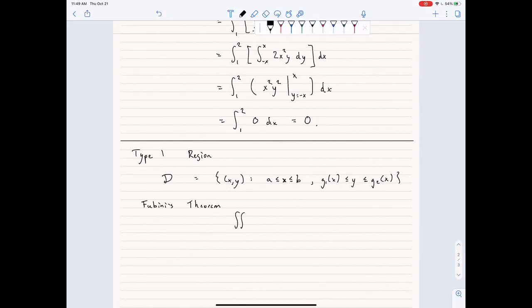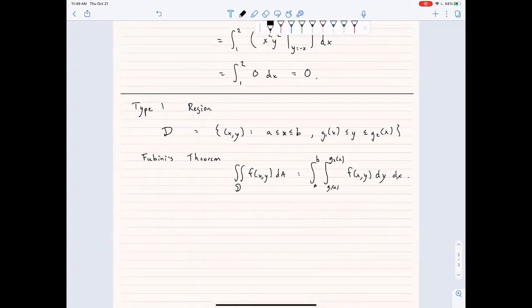It says that if we want to take the integral of a function over this domain, and again, we'll assume this function is continuous on the domain, not necessarily on anything else, then this is just equal to the integral from a to b, the iterated integral, where now we put the bounds of integration for y as functions of x. And here we'll have f(x, y), dy, dx.